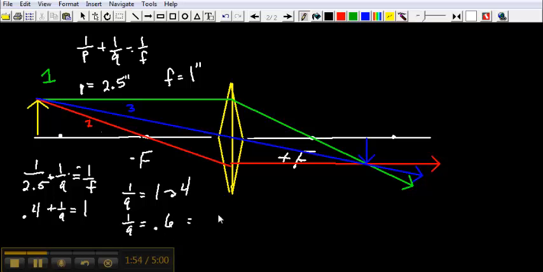We take and solve algebraically. We get that q is going to be equal to about 2/3 of an inch, or 0.67, right? Actually 1.67, sorry. 1 2/3. Okay? Alright.